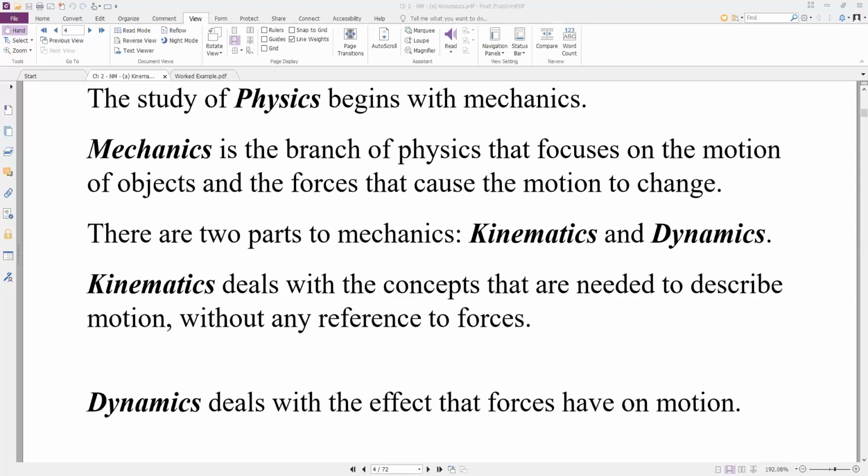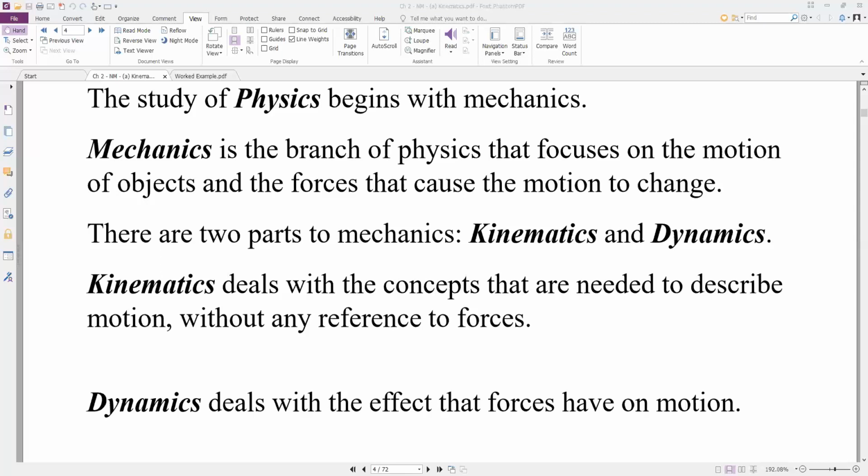What about dynamics? The properties of dynamics consider the analysis of the forces operating upon any moving body. Torque, moments of inertia, and angular momentum can also be classified as dynamics.